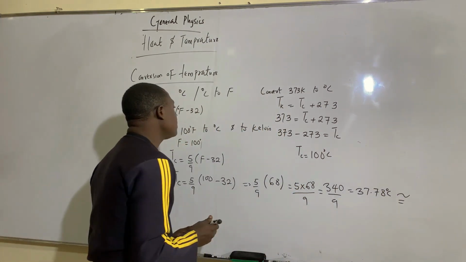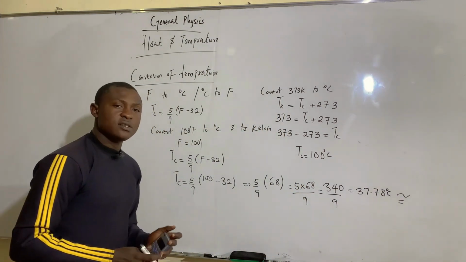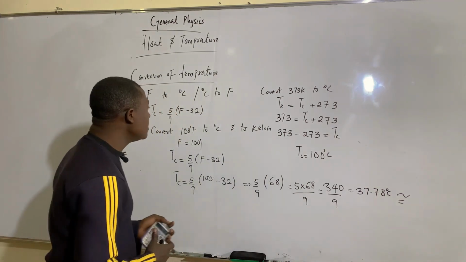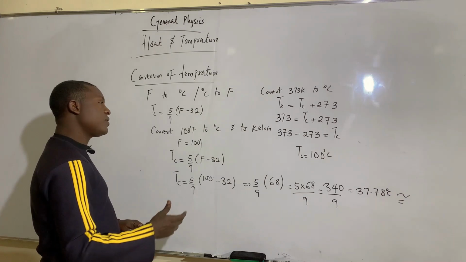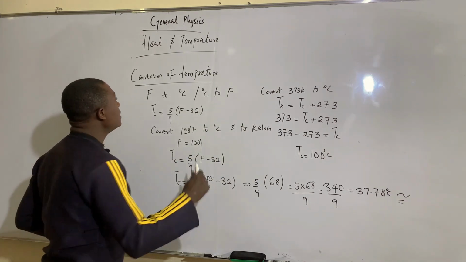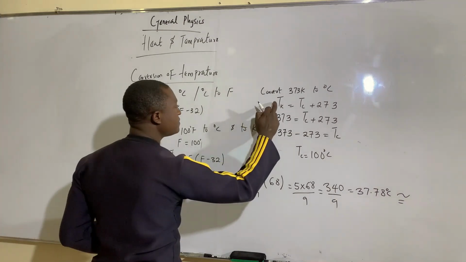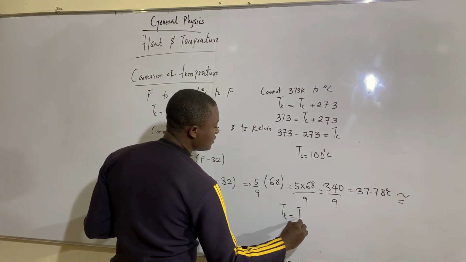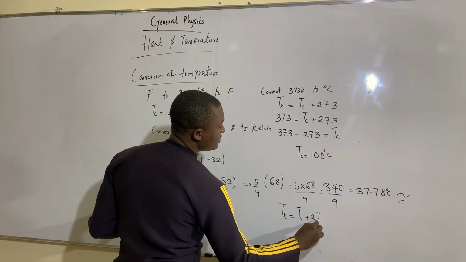Now the question also asks us to leave the answer in Kelvin. Since we already have the value in Celsius, we can easily convert it to Kelvin using the first formula that we applied. I will say temperature in Kelvin is equal to temperature in Celsius plus 273.